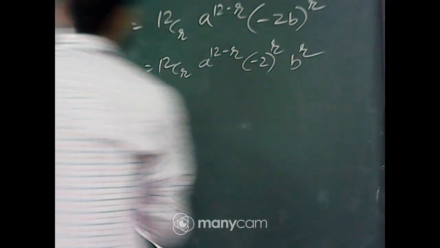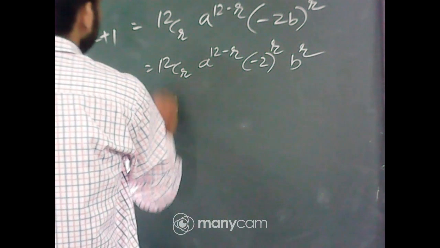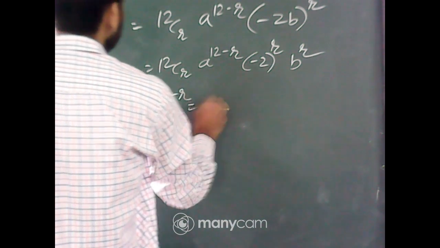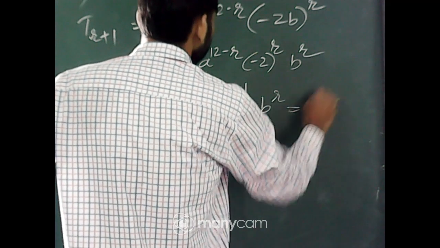Now according to the question, a to the power 12 minus r equals a to the power 5, and b to the power r equals b to the power 7.